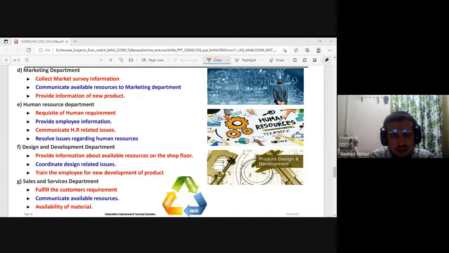Any project, any bridge projects, or you can select some dock and harbor work.